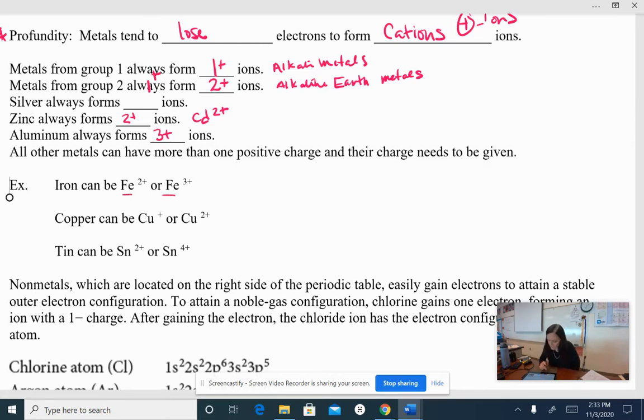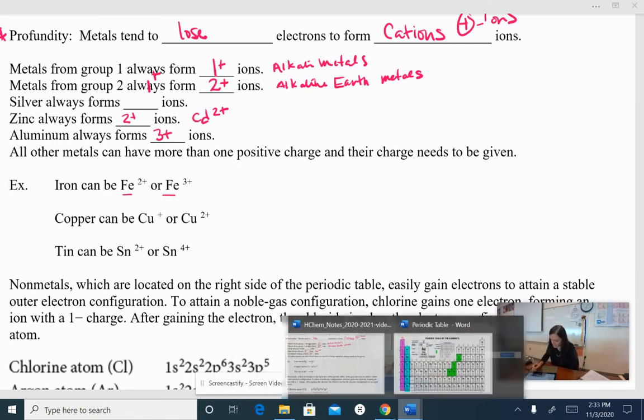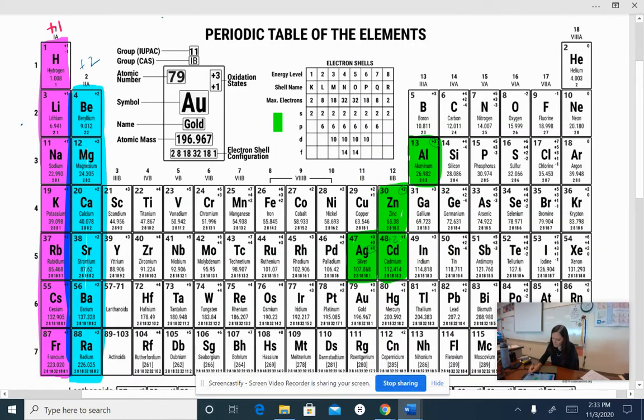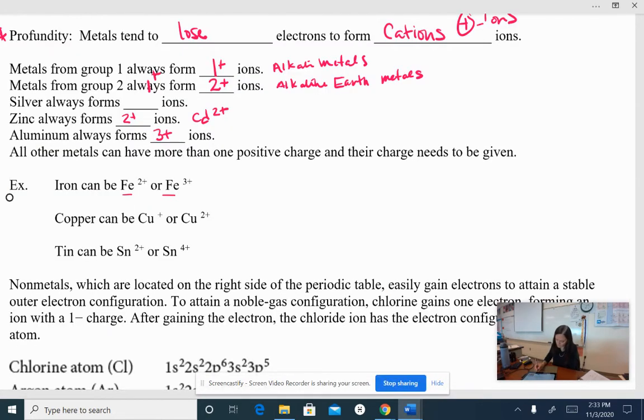So let's look at how that happens. Now, if I do the configuration for iron, beyond argon, I will have 4s2 and 3d6, right? 1, 2, 3, 4, 5, 6. 3d6. So let's put that out there.